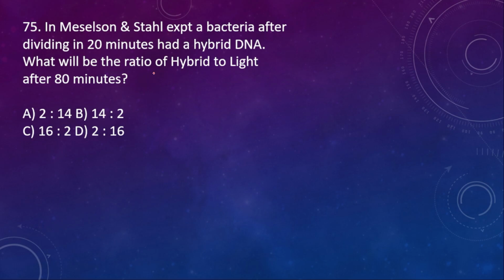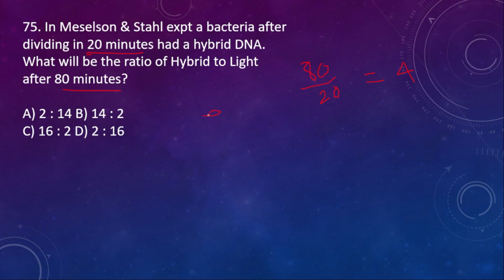So total generations, how many? 80 minutes is given. 20 minutes had a hybrid DNA means what? If I take 80 minutes, the bacteria is dividing in 20 minutes. So 80 divided by 20 means how many generations it is divided? 4 generations it is divided.